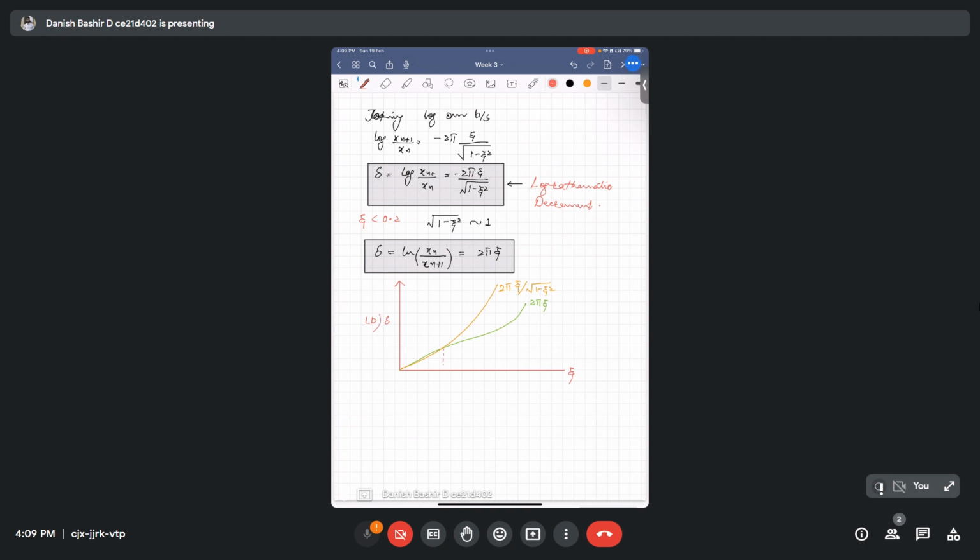This point value is exactly 0.2. So for values of theta less than 0.2, it's good to take 2 pi theta rather than 2 pi theta upon root of 1 minus theta square, because both have the same values. The full expression would be more complex, so for easy calculations we take 2 pi theta. This is logarithmic decrement.